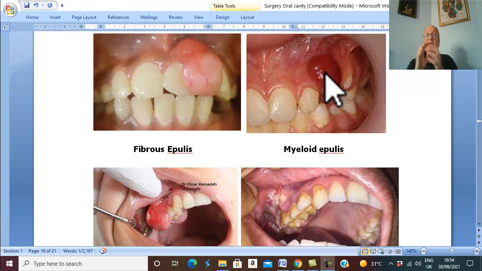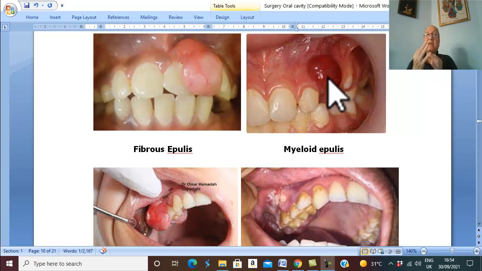Osteoclasts. Osteoclasts of the bone of the mucoperiosteum proliferate and form this swelling. Therefore, it is a giant cell tumor arising from the osteoclastic layer of the periosteum.